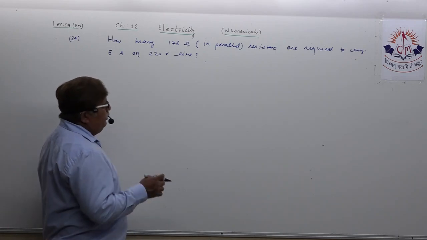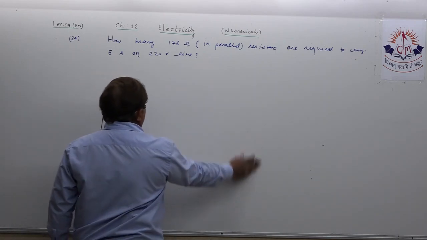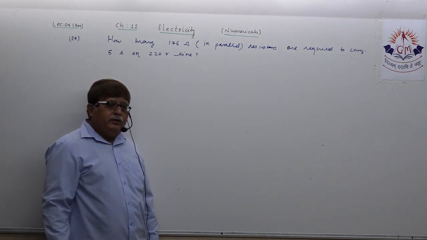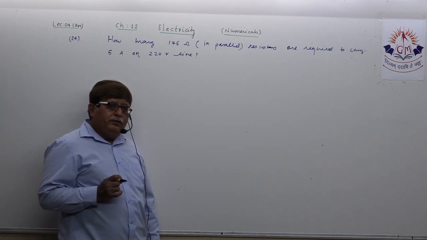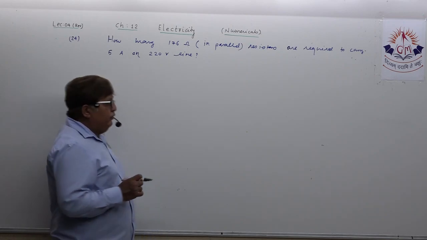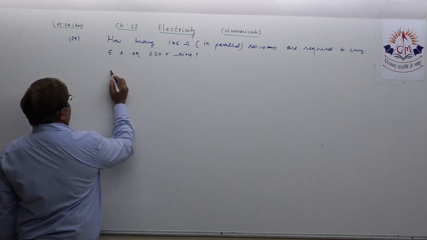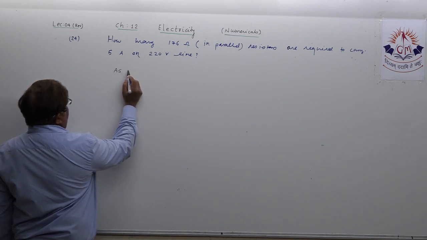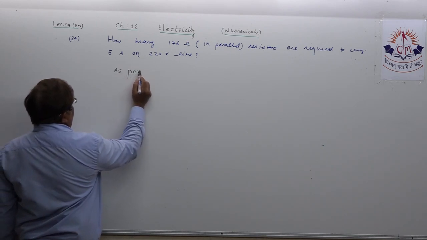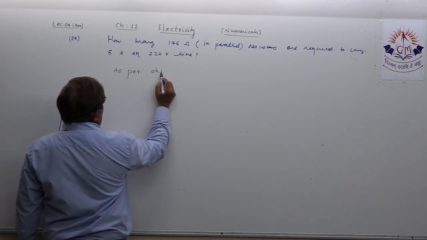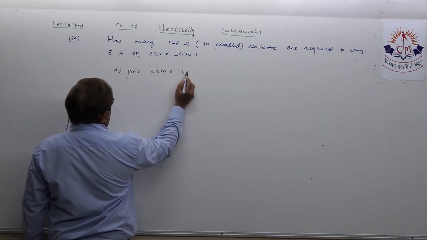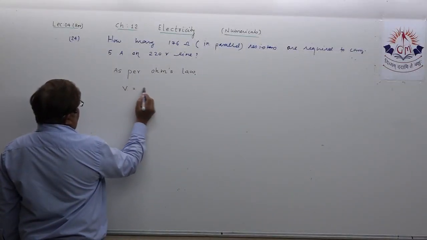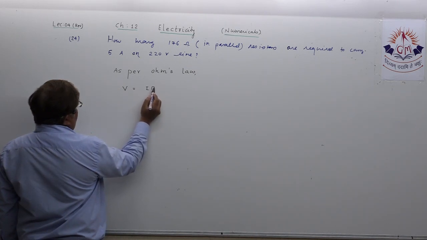Then what you have to think, first, dear student, what you need to do is to find the equivalent resistance of the circuit. Okay. So the first step in this sum, you need to write this way: as per Ohm's law, V equals I into R. Okay.